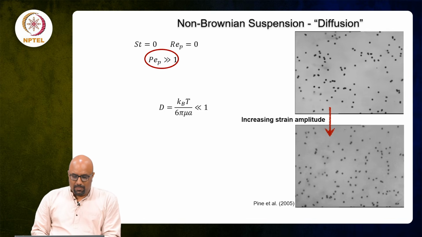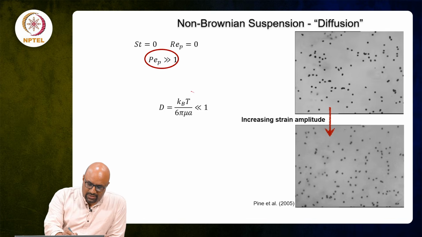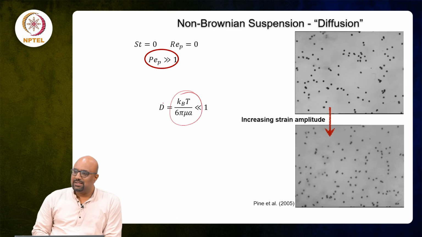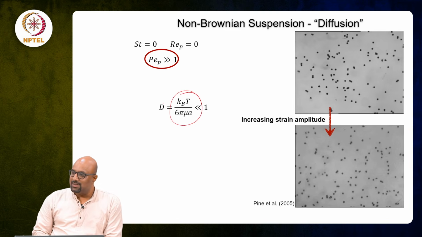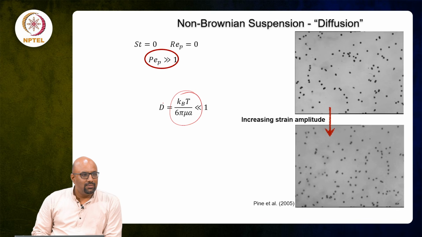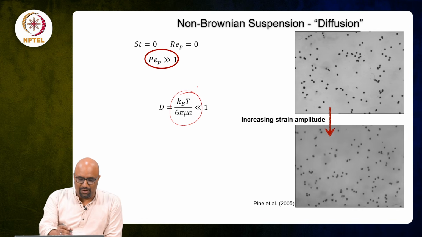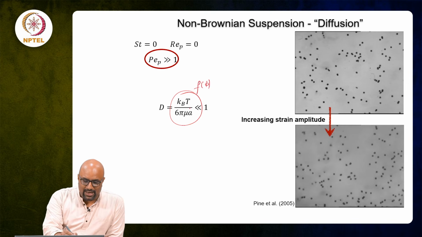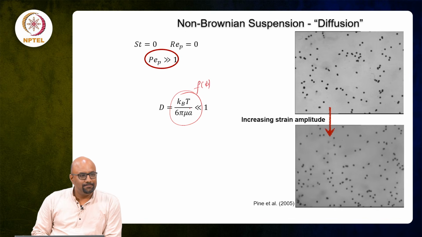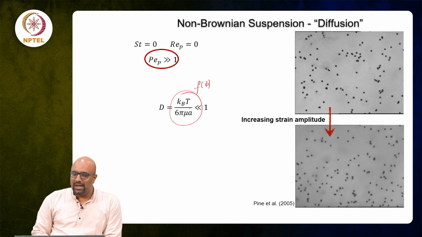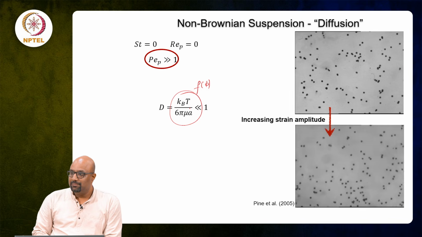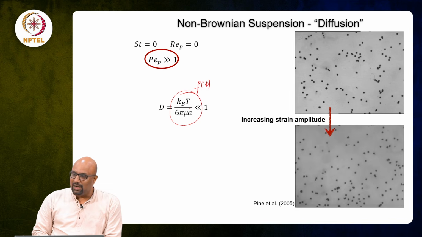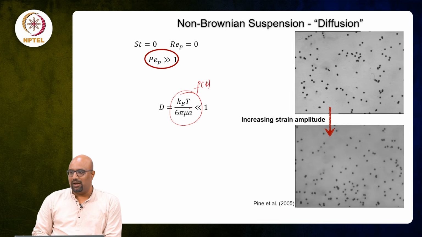Now, the diffusivity scales inversely with the particle size. We know that, right? There is obviously a function of volume fraction, but it scales with the particle size. Now, if you are looking at particles which are massive, so by massive I mean particles which are not a few hundred nanometers, particles which are tens of microns or hundreds of microns.